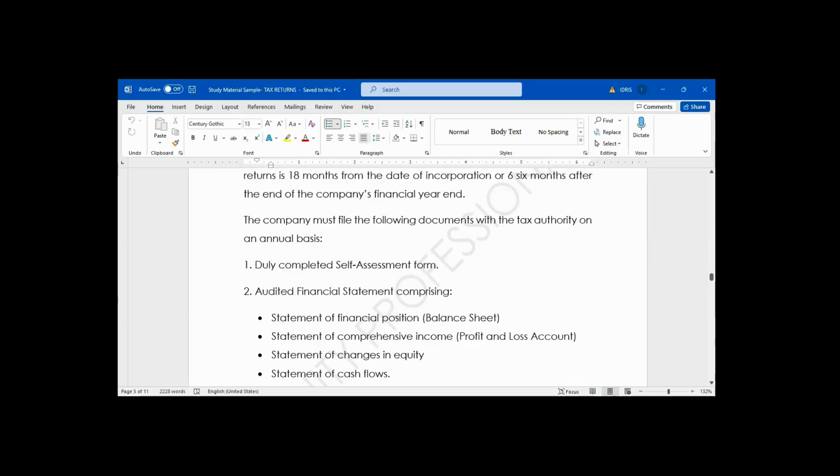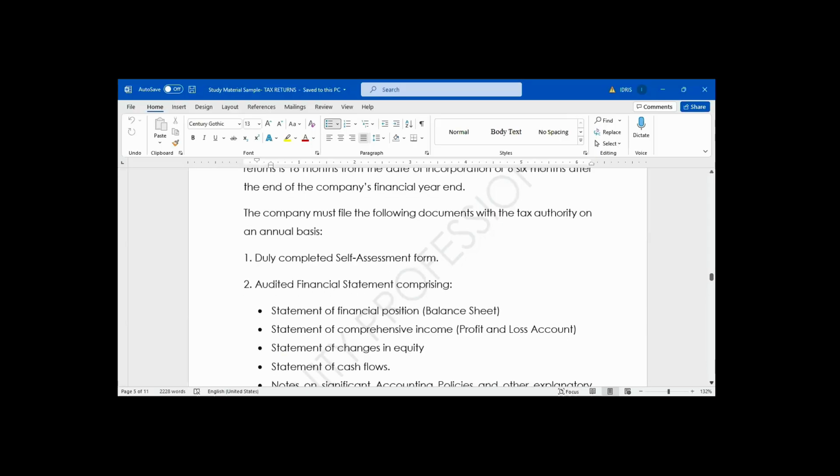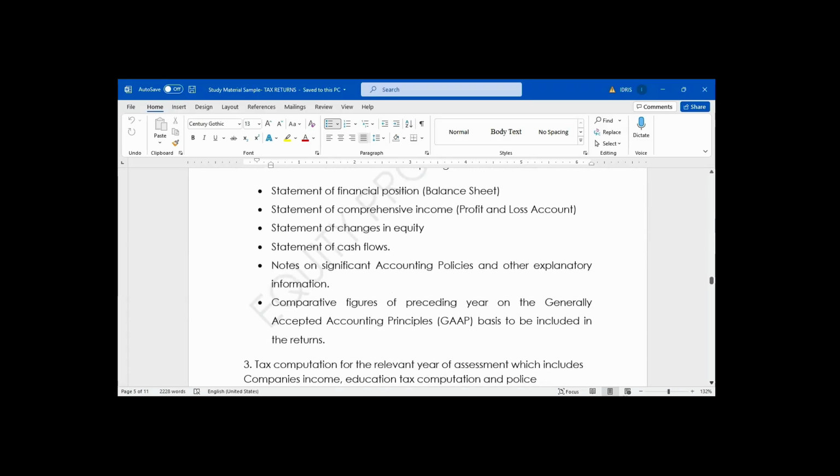Number 2, audited financial statement, which comprises the statement of financial position, statement of comprehensive income, statement of changes in equity, statement of cash flows, and notes on accounting policy. So this is the number 2 content of company income tax return.